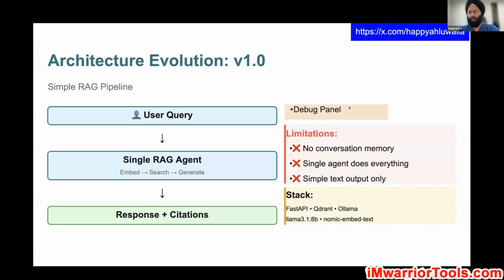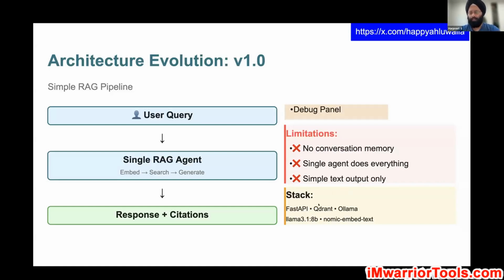Initially, I had the debug panel, but being version 1, it was very limited. It did not have conversation memory. So if I now ask, how much was the iPhone revenue? It would not understand that I'm asking about Apple, right? Everything was done by a single agent itself, so obviously it's not multi-agent. The output was just text.